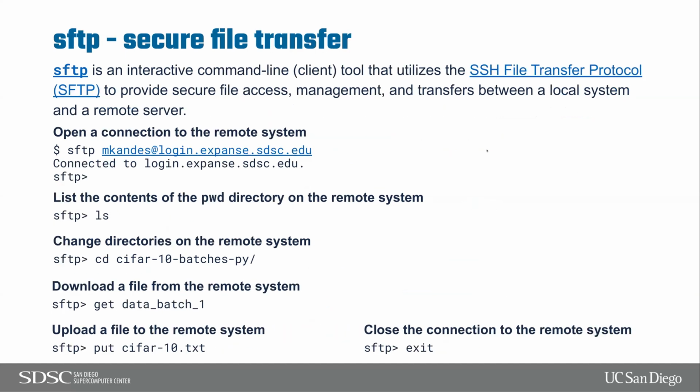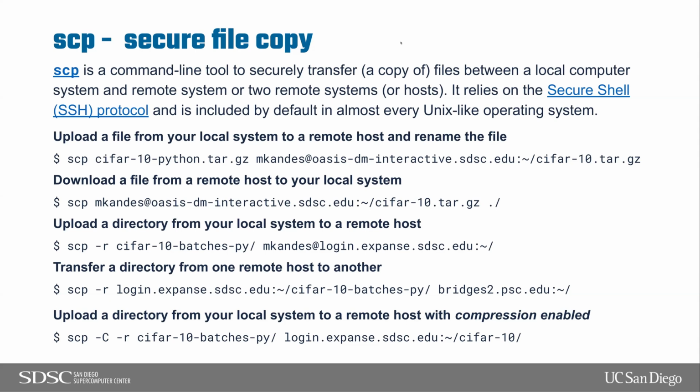I'm actually changing the name of the file too. Anyway, it's a way to remotely copy files between systems. You can also recursively copy directories. You can also transfer files or directories not between your local system and a remote system, but between two remote systems, as I'm showing here, all using SSH as the security protocol and way to authenticate between systems.